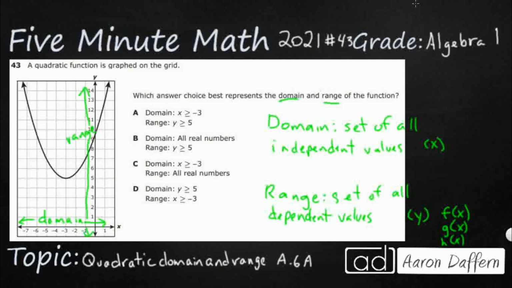Now, domain is usually the easiest one to find. Sometimes you'll see a graph that's a broken part of a parabola, where they chop off either end. That has a restricted domain, going from this point to this point.